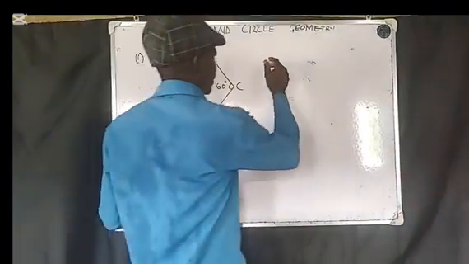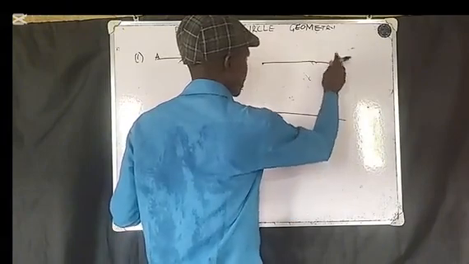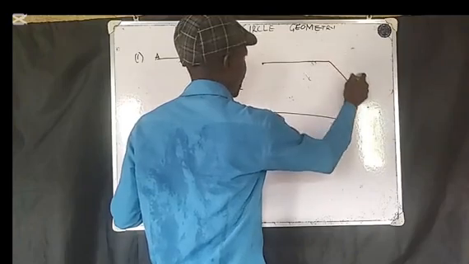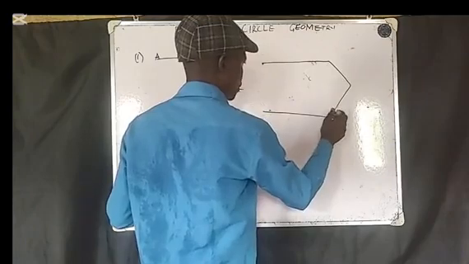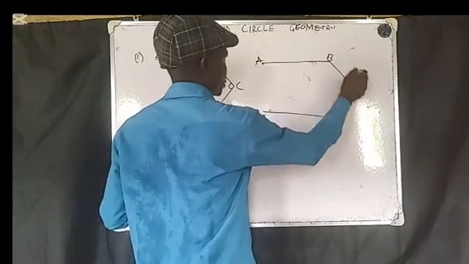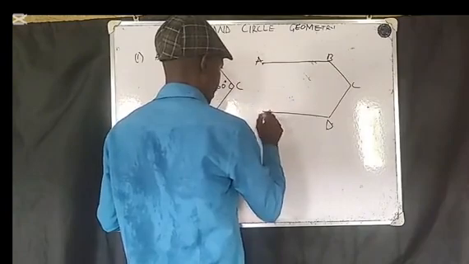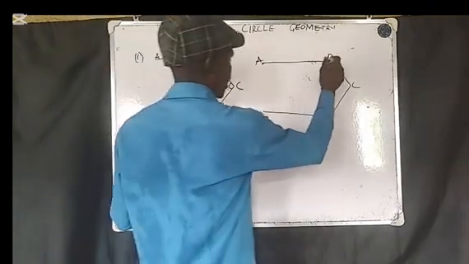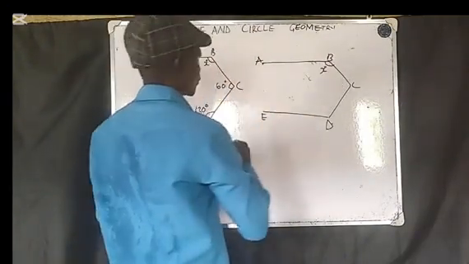So we are going to draw another drawing where the two parallel lines will be joined by a single transversal. So this place is our A, this is our B, this is our C, this is our D, this is our E. And we are going to have our X here that we are looking for.